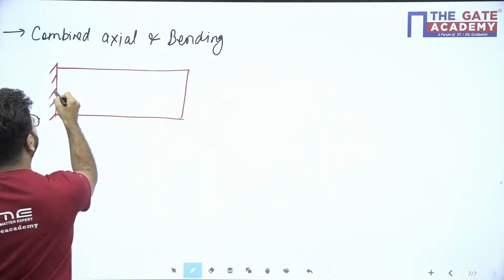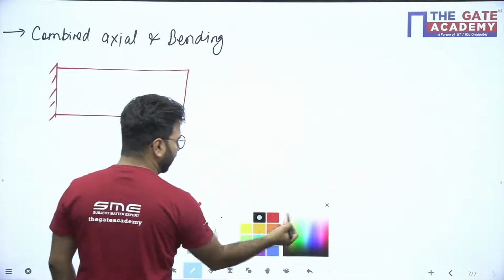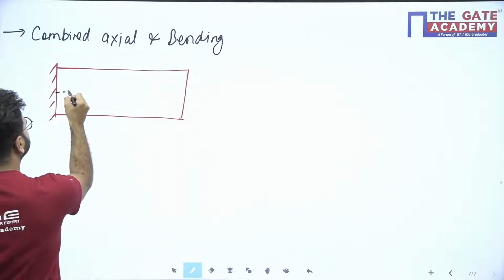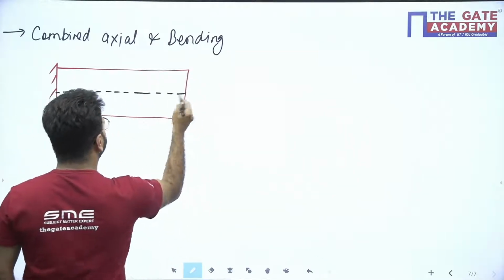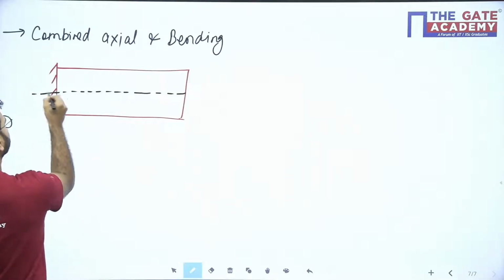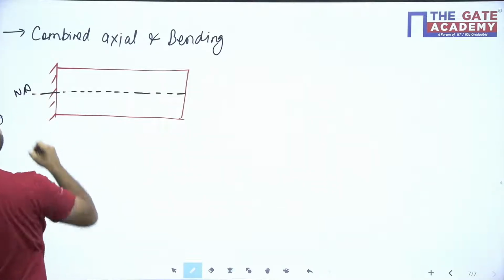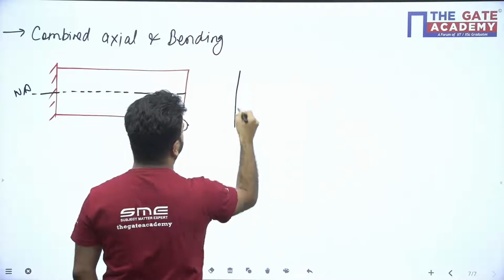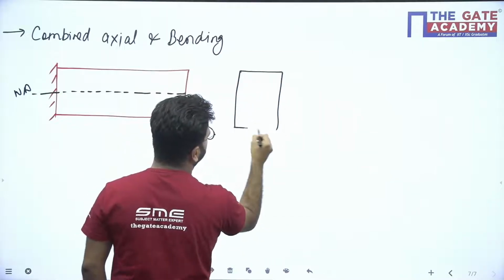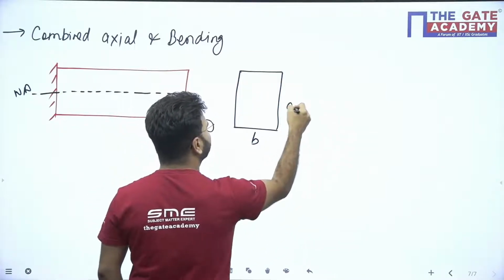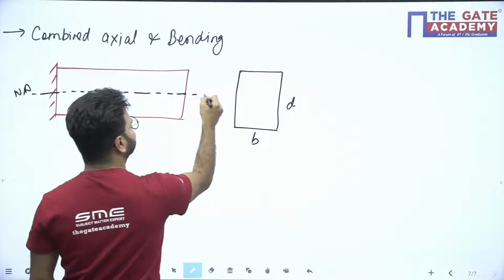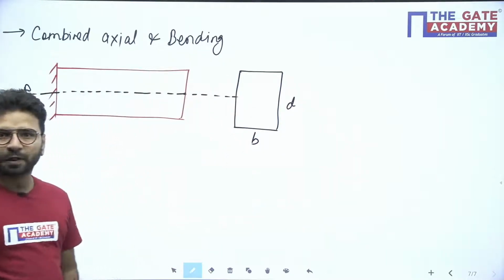Let us suppose we have one cantilever beam and this is the neutral axis, and this is the cross section. I am saying the cross section is rectangular, B is width, D is depth, and here it's a neutral axis.